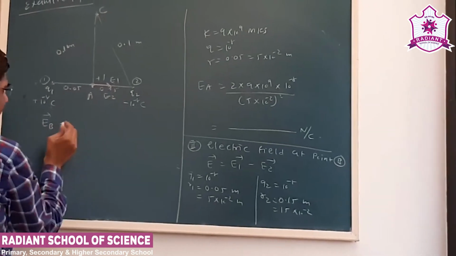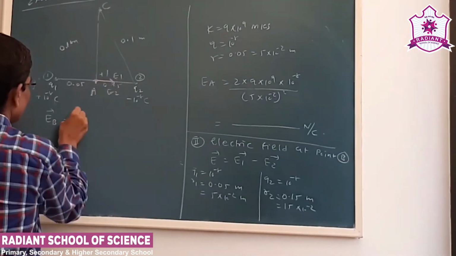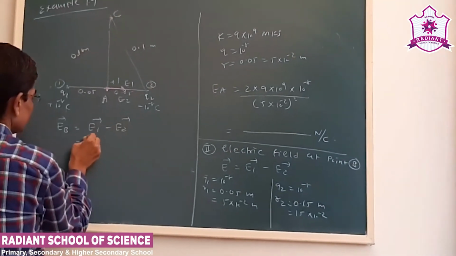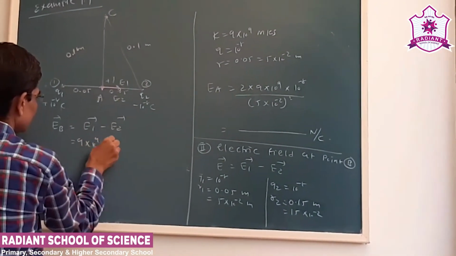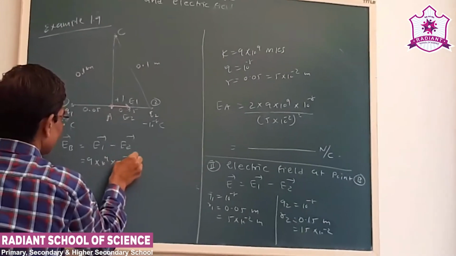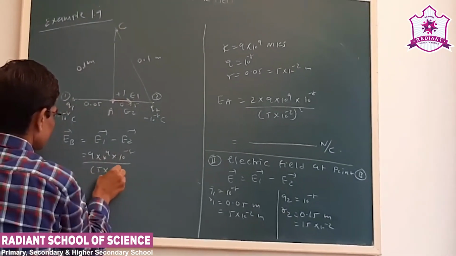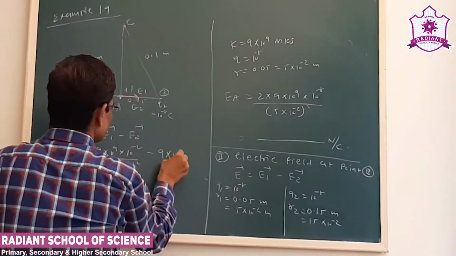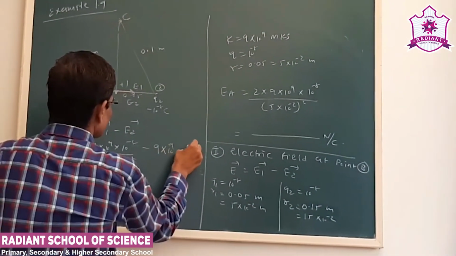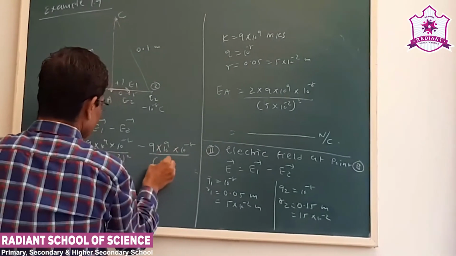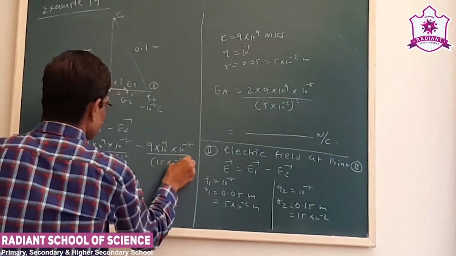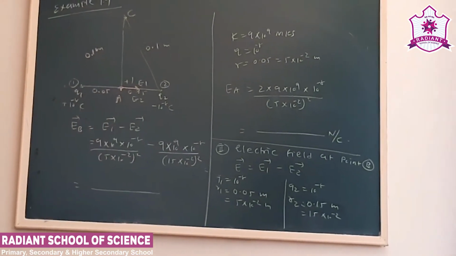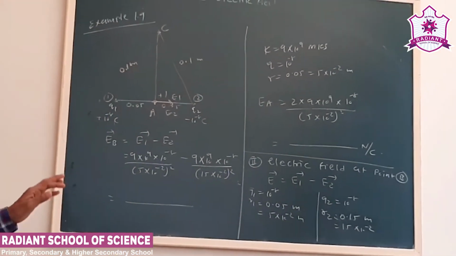EB we can write as 9 into 10 to the 9, Q is 10 to the minus 8, into the difference of 1 by R1 square minus 1 by R2 square. This is how we can obtain the electric field at point B.